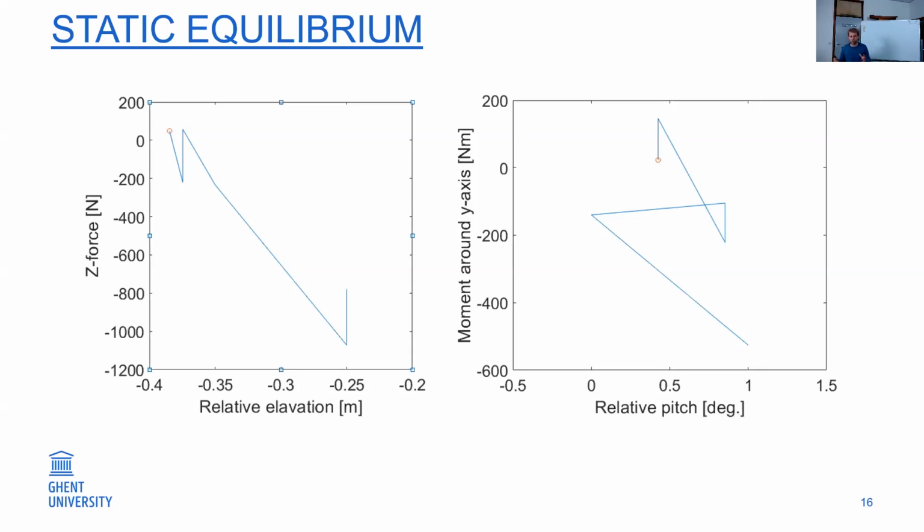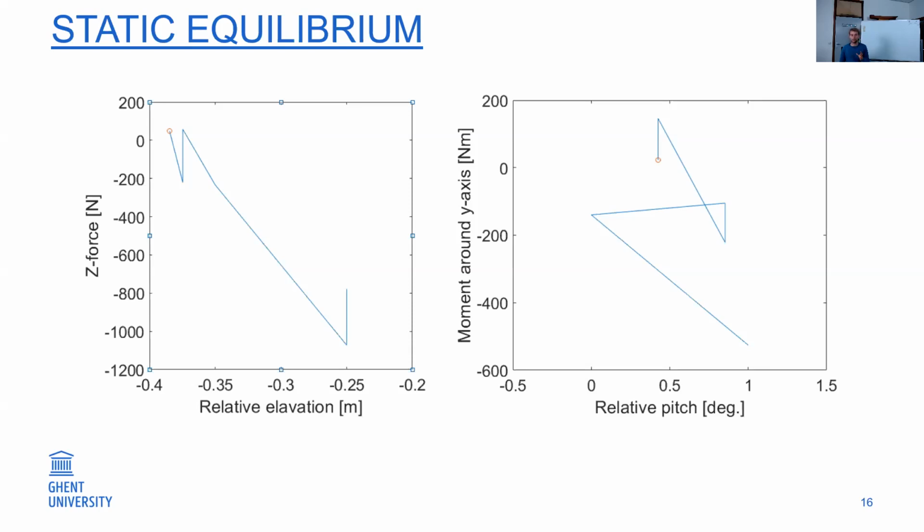So in this longitudinal case, it balances the z force and the moment around the y-axis to stabilize the craft longitudinally and find where it is in static equilibrium. So it changes its trim, it changes elevation, and then it finds its static equilibrium.